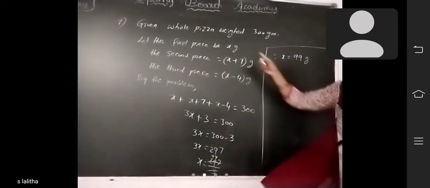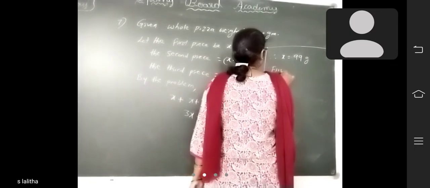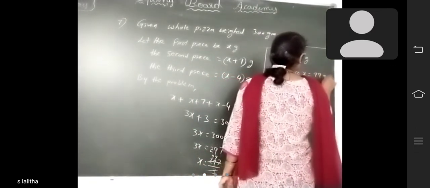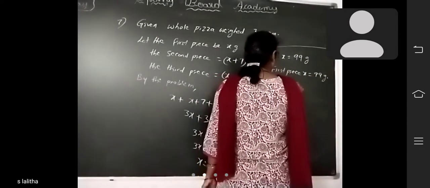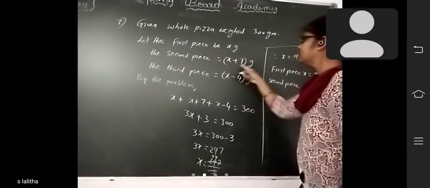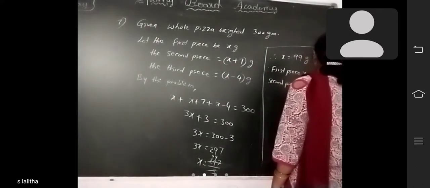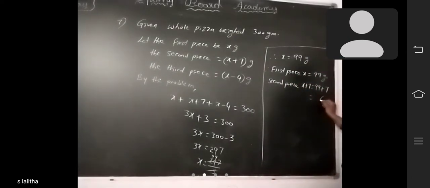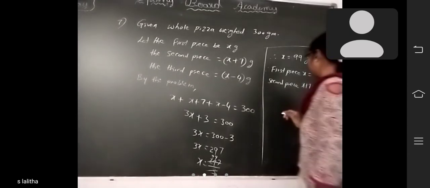What is x? First piece. So therefore first piece x is equal to 99 grams. And the second piece, how much? x plus 7, so 99 plus 7, 9 plus 7 is 16, 106 grams.